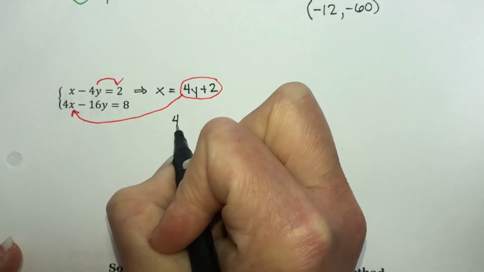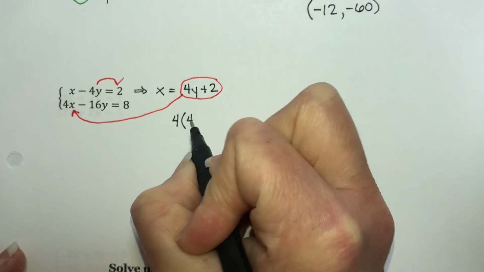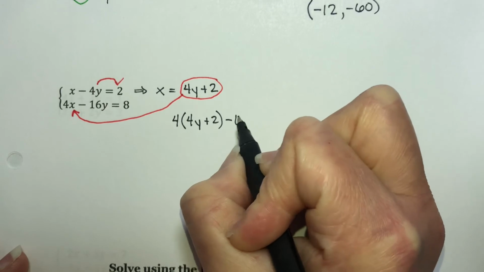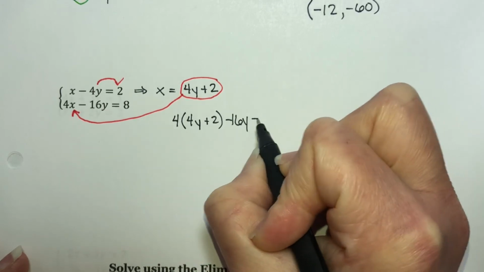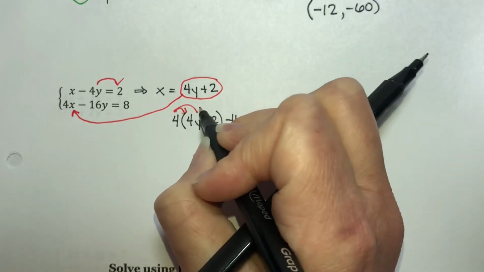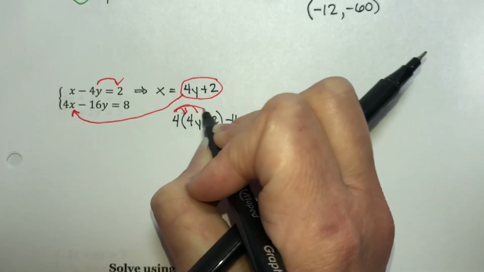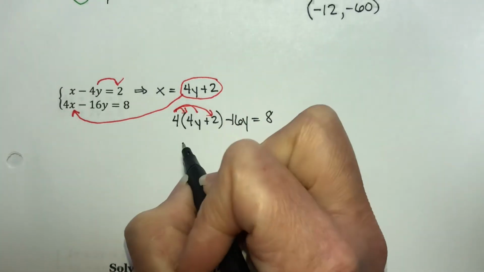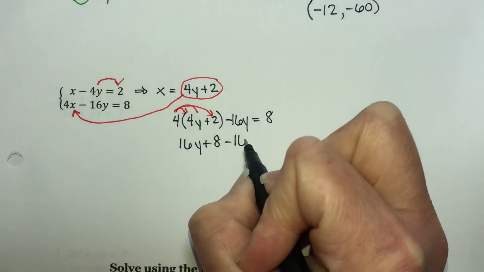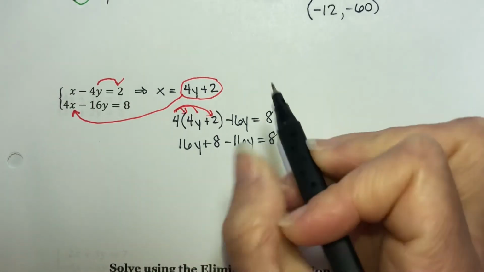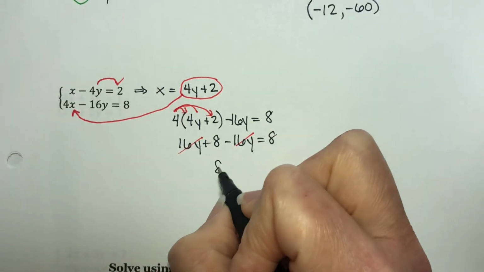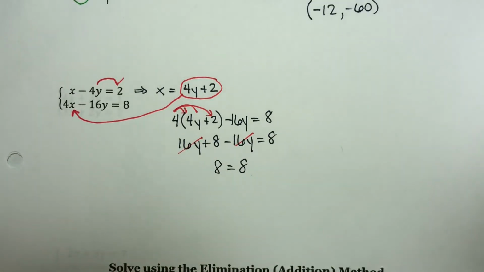That gives me 4 times x, but x is 4y plus 2, minus 16y is equal to 8. Let's distribute here. All right, that gives me 16y plus 8 minus 16y equals 8. And then these go away and I get 8 equals 8.